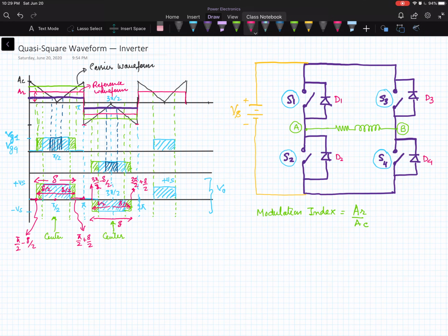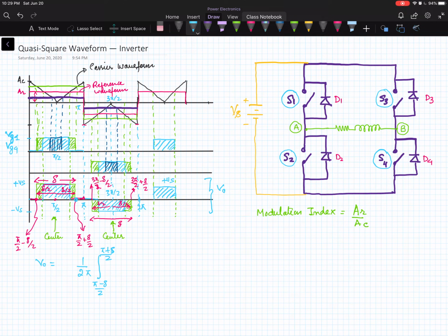Right? So now to calculate the RMS output voltage, we can write down an expression that V naught is equal to 1 by 2 pi integration from pi minus del by 2 to pi plus del by 2.